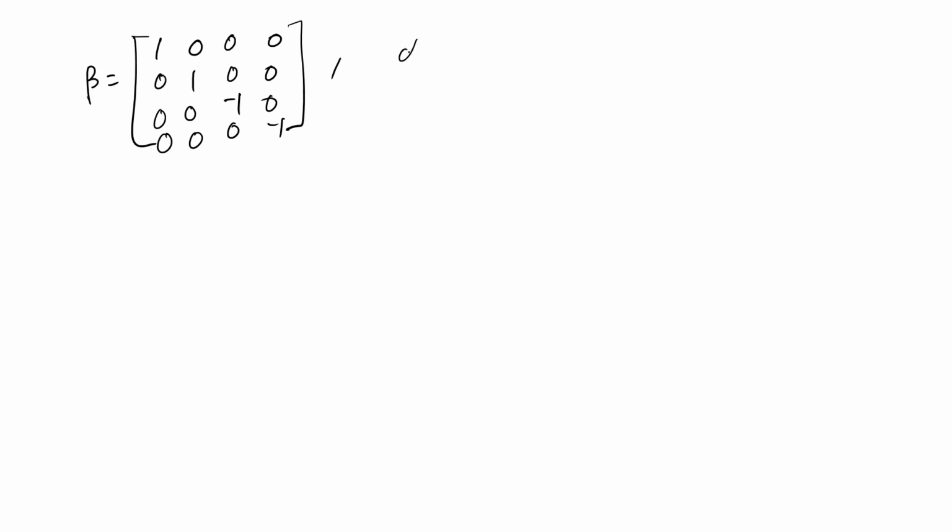So, let me finally write these matrices. Beta is 1 0 0 0, 0 1 0 0, 0 0 minus 1 0, 0 0 0 minus 1. Alpha x has sigma x there, so it is 0 sigma x, sigma x 0. That is 0 0 0 1, 0 0 1 0, 0 1 0 0 and 1 0 0 0. Okay.